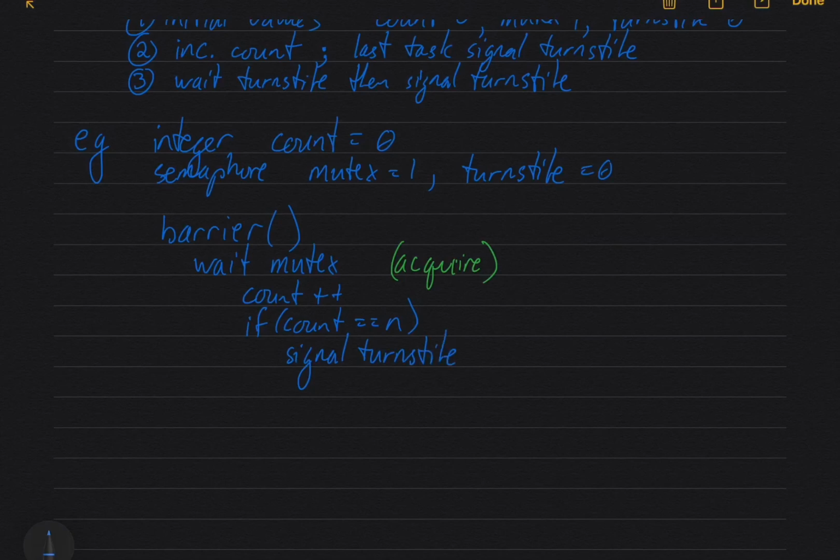And that's all step 2. And now once we're done step 2, we're not modifying or reading count anymore, so we can release the mutex by signaling it. So signal mutex. So that is releasing the mutex.